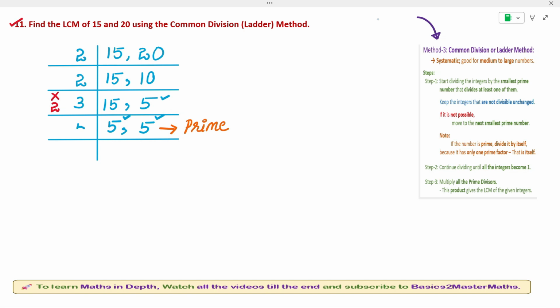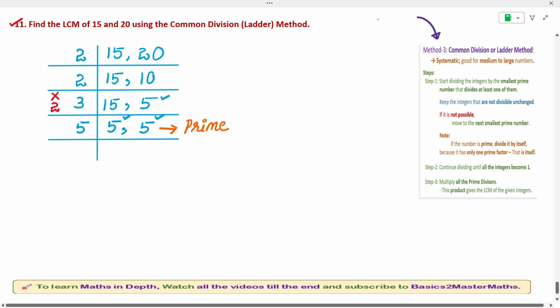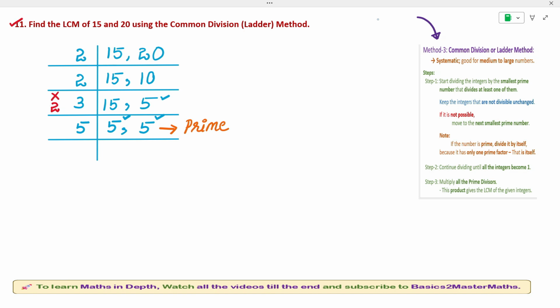So, divide them by 5 itself. Since 5 divides 5 exactly, we get 1 and 1. Stop here since all the integers become 1.